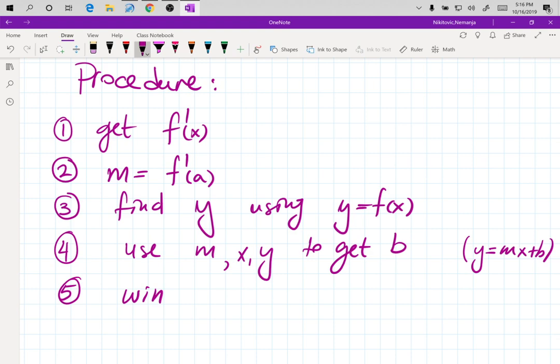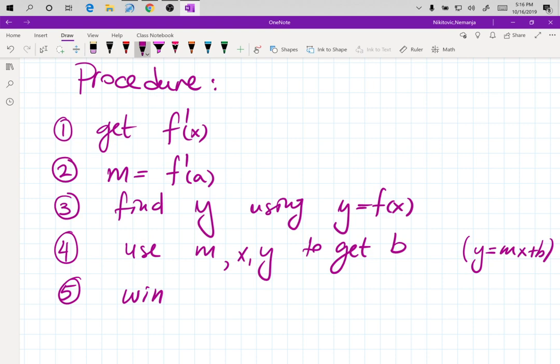And this procedure is the same for all sections of chapter 3. What changes section to section? Number 1. That's the only thing that changes in each section. In section 3.1, you use the limit. In section 3.3, you use a basic formula. In section 3.4, you use a product rule or quotient rule. In section 3.7, you use chain rule. In section 3.8, you use implicit differentiation.